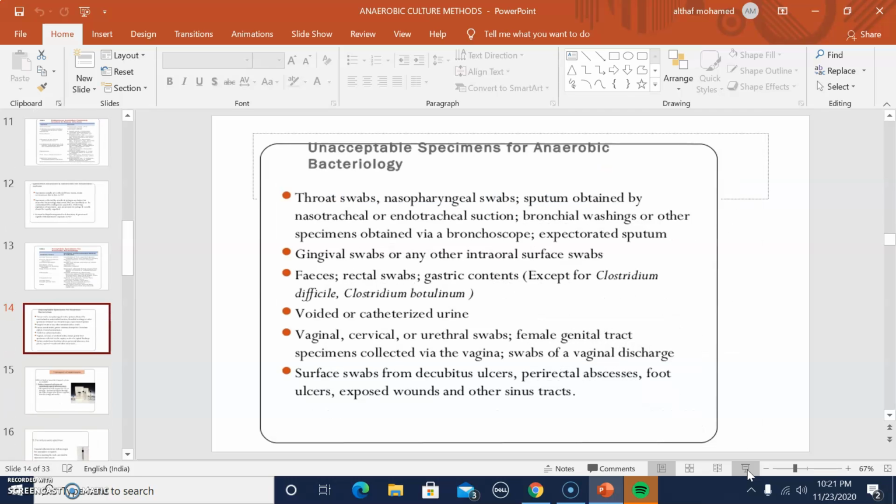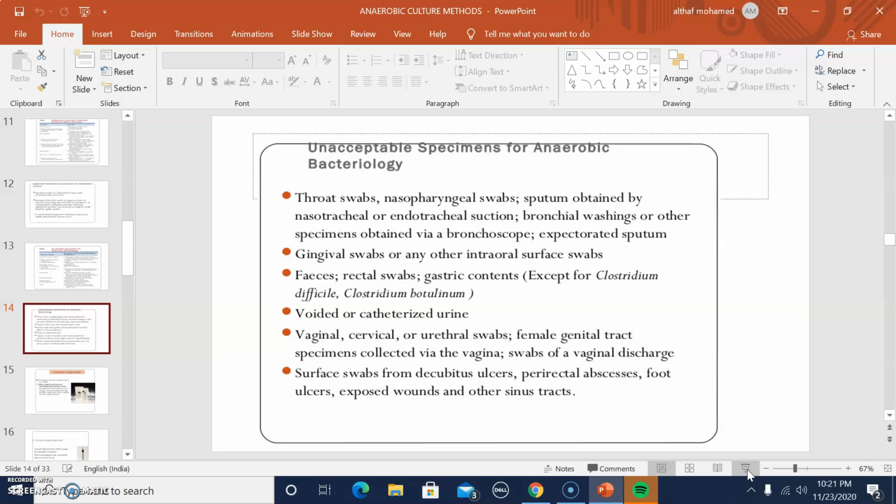So these are the unacceptable specimens for anaerobic bacteriology: throat swabs, nasopharyngeal swabs, sputum obtained by nasotracheal or endotracheal suction, bronchial washings or other specimens obtained through a bronchoscope, expectorated sputum, gingival swabs or any other intraoral surface swabs, fecal or rectal swabs, gastric contents, voided or catheterized urine, vaginal, cervical or urethral swabs, and surface swabs from decubitus ulcers.